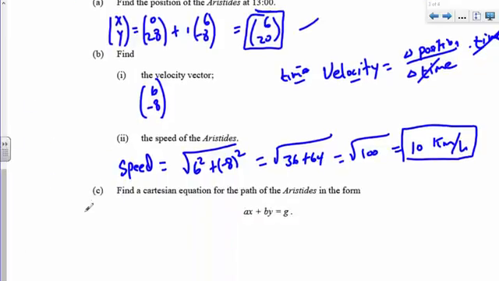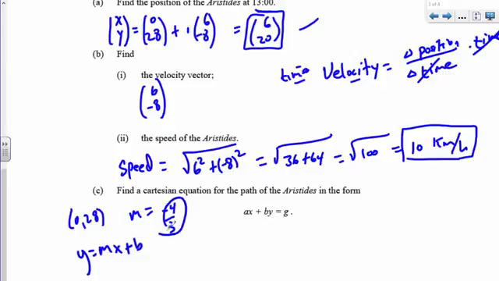So let's take that into consideration. 0, 28 is a point, and we know the slope. What did I say it was? -4/3. Okay, so we recognize the equation of a line from Algebra 1 as being mx plus b. We're going to plug this value into m. We're going to plug this value into y.